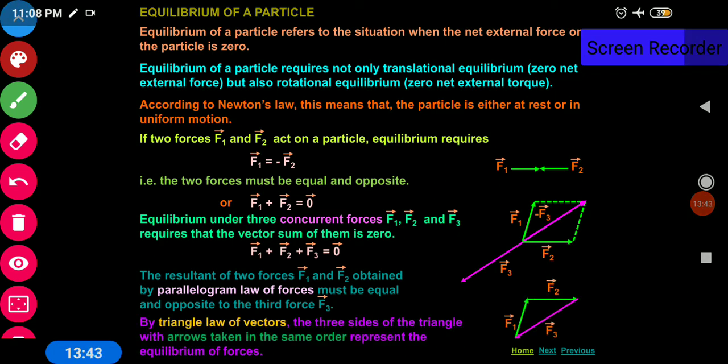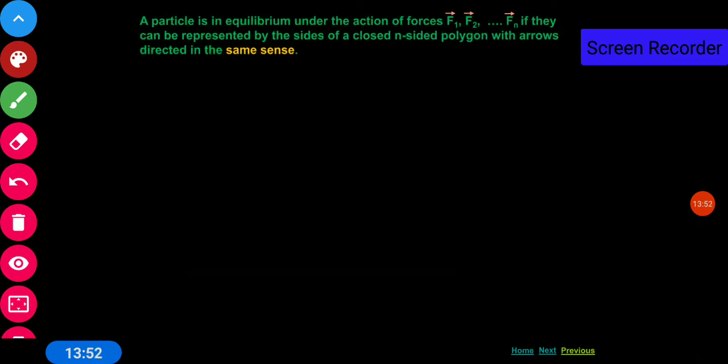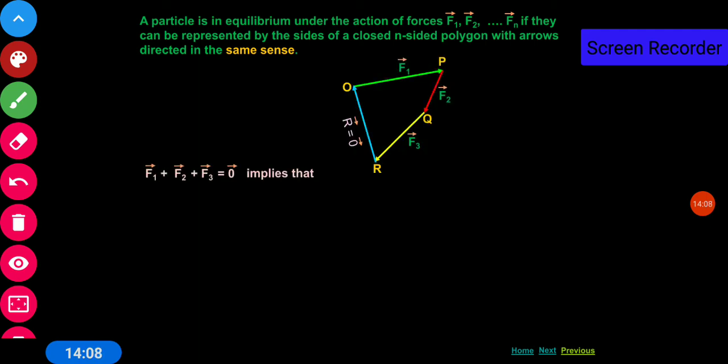Or by the triangular law of vectors, the three sides of the triangle with arrows taken in the same order represent the equilibrium of the forces. So a particle is in equilibrium under the action of the forces F1, F2, F3, up to Fn, if they can be represented by the sides of a closed n-sided polygon with arrows directed in the same sense, like this.